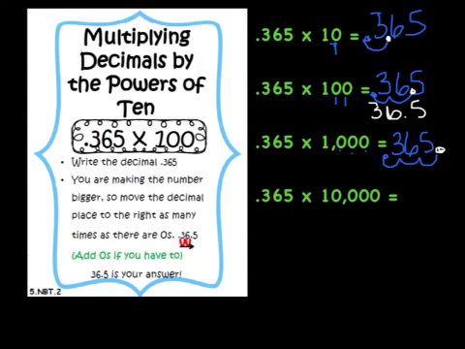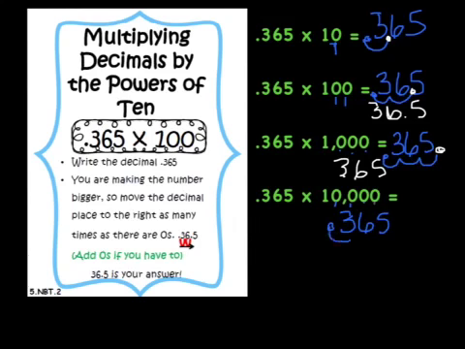So 365 thousandths times 1,000 is 1,000 times bigger. So it's 365 whole numbers. So 365 thousandths times 10,000, 365 thousandths times 1, 2, 3, 4 zeros.